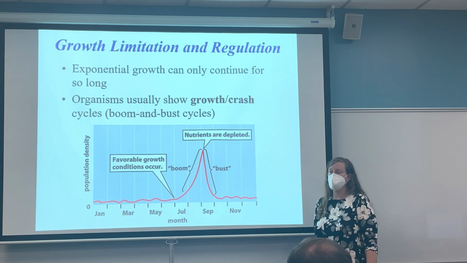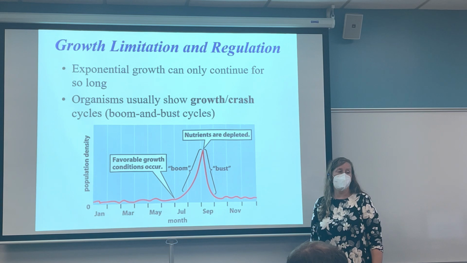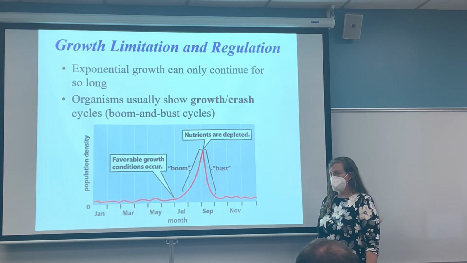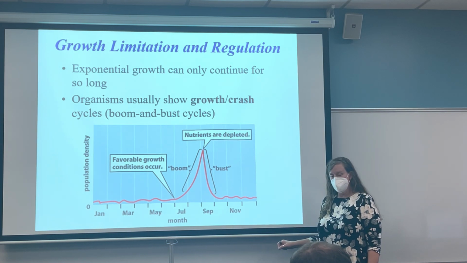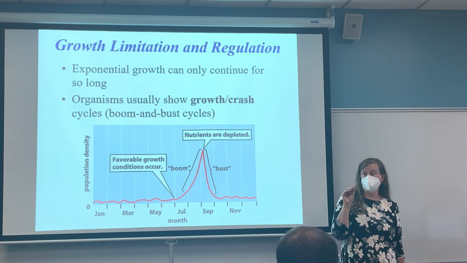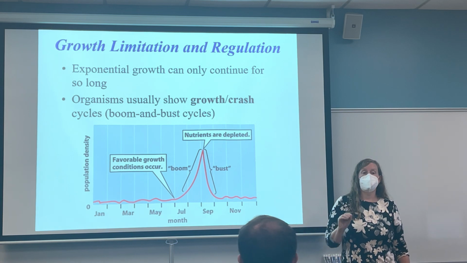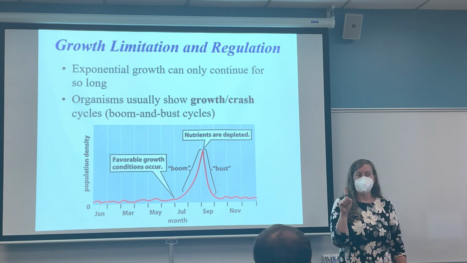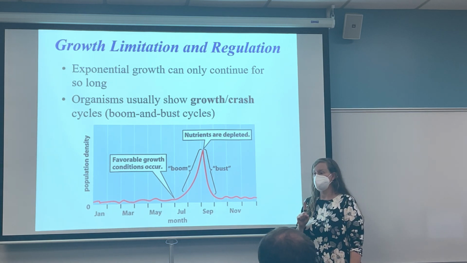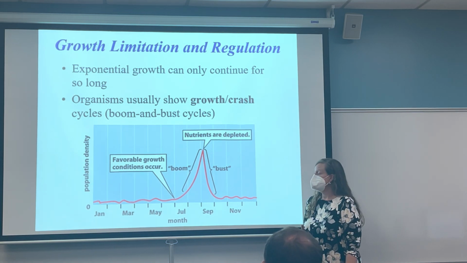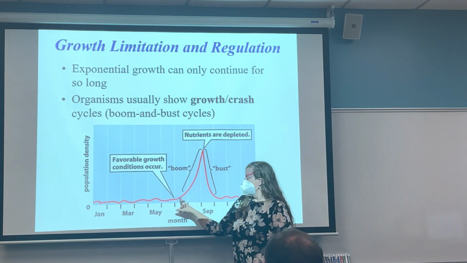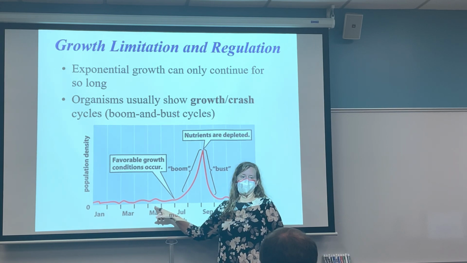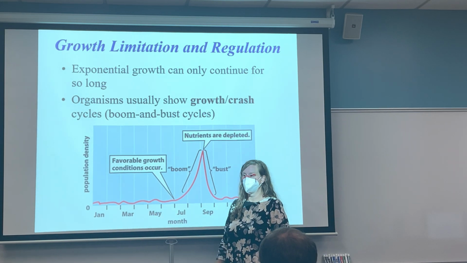So typically what we do find in natural populations is what's called a boom and bust cycle, growth and crash. We see that a lot here in our area of the world where we have 4 seasons. The winter season really hurts a lot of our natural populations. April, May, June, April flowers bring May showers, if you've ever heard that, right.